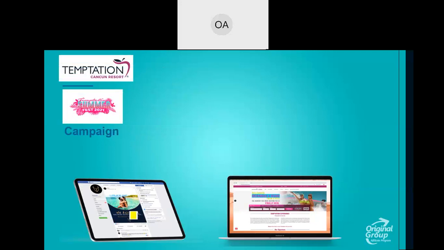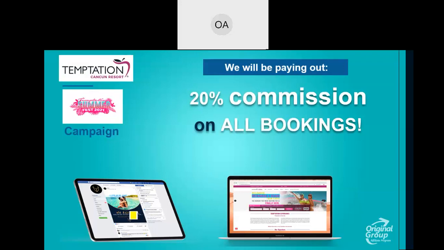Now that I've showed you everything that has to do with your consumer referral tools, we want to take advantage of those tools and start promoting and start earning commission. And for this, I do want to remind you that there are still a few days left for our Summerfest campaign, which pays out 20% commission on all bookings that are generated through May 31st, 2021, where your guest has to travel during our Summerfest, which is from June 4th through July 31st.